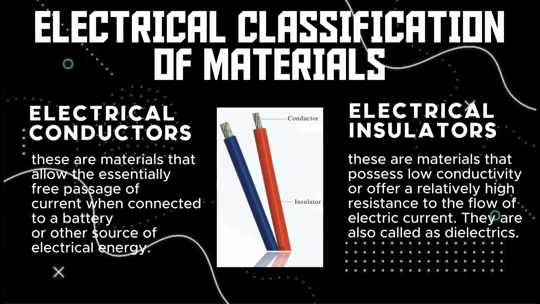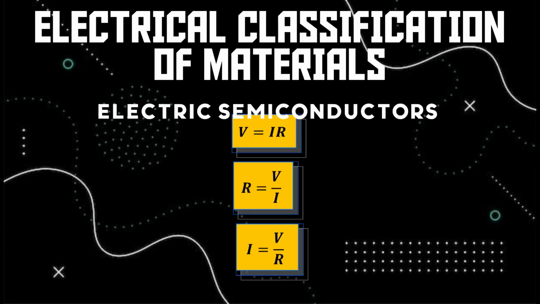These are materials that possess low conductivity or offer a relatively high resistance to the flow of electric current. They are also called dielectrics. Electric semiconductors. These are materials that have conductivity about midway between good conductors and good insulators.